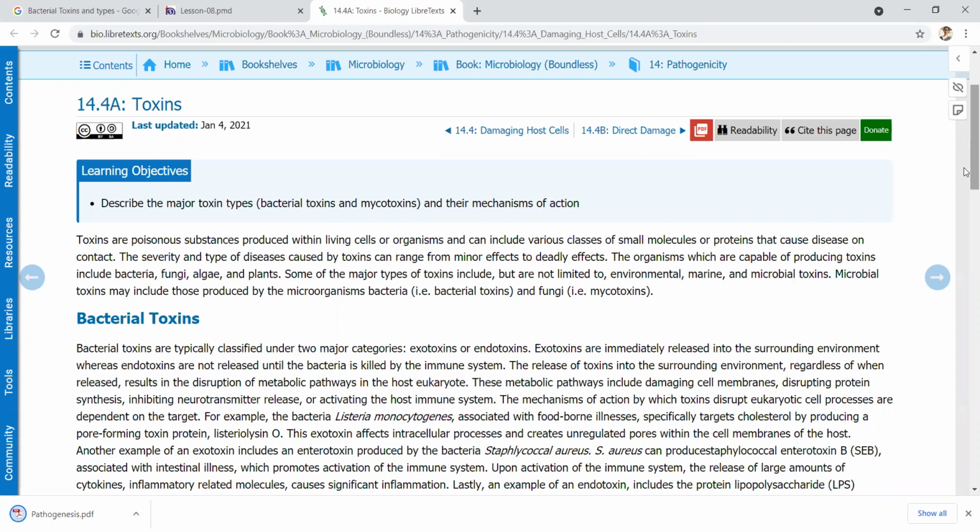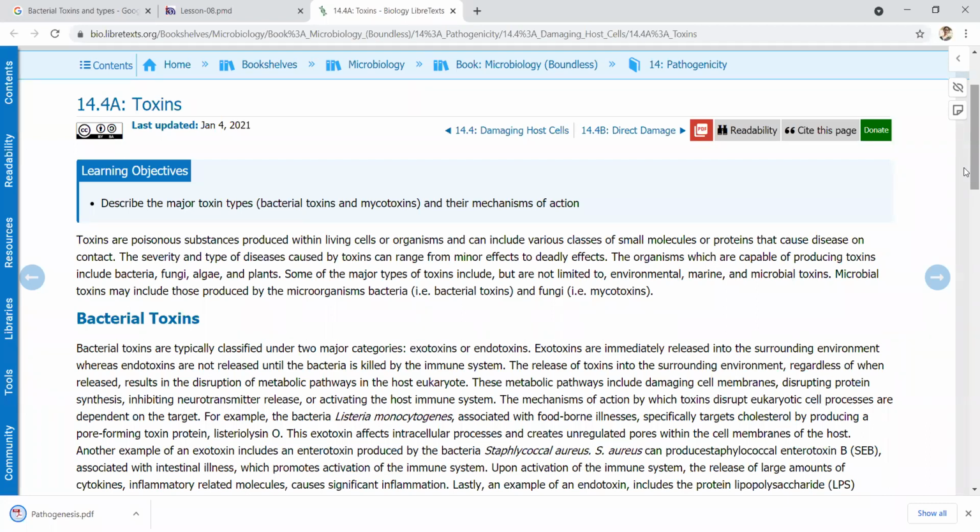Okay, so we will first study the bacterial toxins. Bacterial toxins can mainly be classified into two categories: one is exotoxin, another is known as endotoxin. Exotoxins are immediately released into the surrounding environment, whereas endotoxins are not released until the bacteria is killed by the immune system.